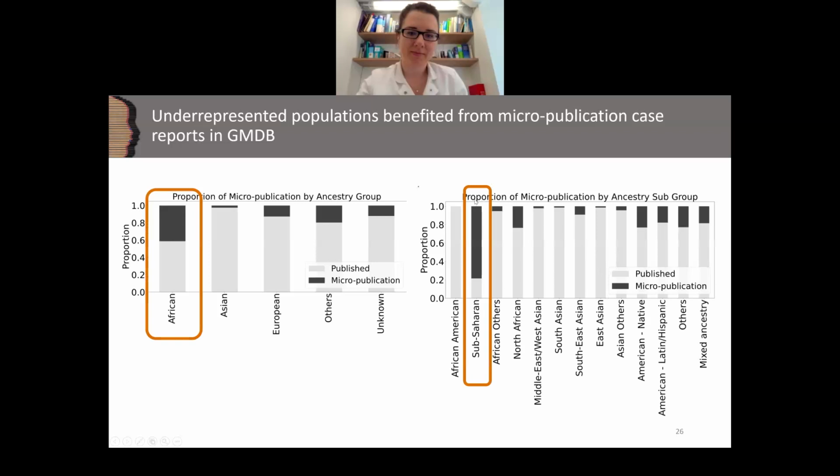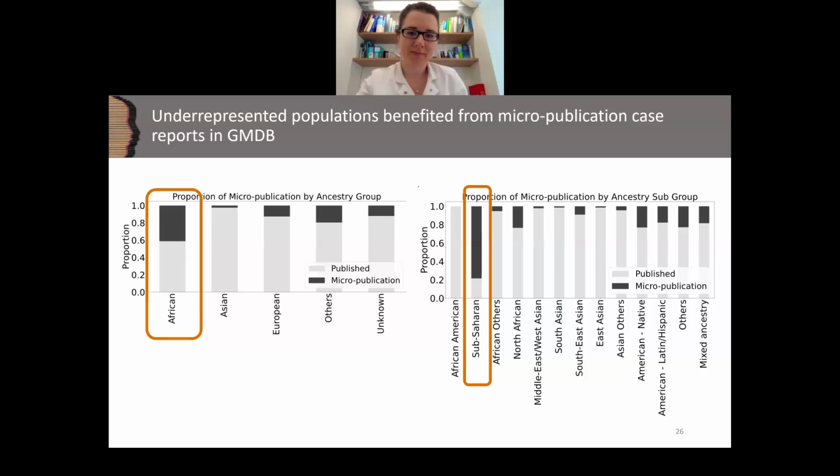We have almost 80% of the data coming from the clinic directly, which was not published in any literature before. It tells us that this kind of collection or recruitment strategy is really helpful and beneficial for underrepresented populations like African countries.